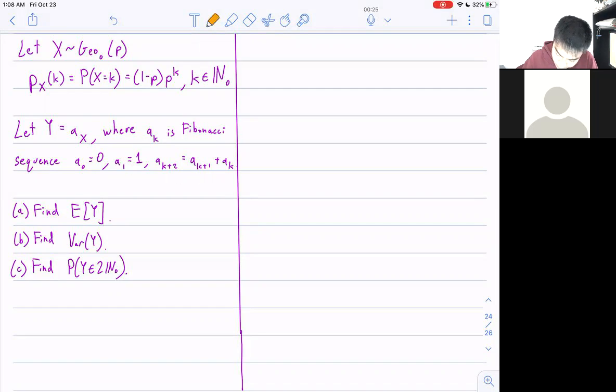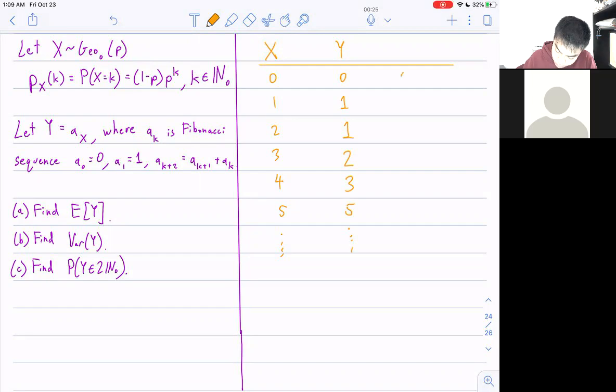So just to give you an idea how this looks, we have the following table. So x being 0, 1, 2, 3, 4, 5, let's say. Then the resulting values of y would be 0, 1, 0 plus 1 being 1, 1 plus 1 equaling 2, 1 plus 2 equaling 3, and 2 plus 3 equaling 5. And this goes on forever.